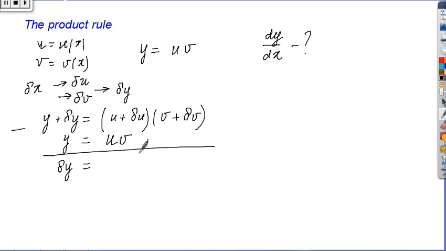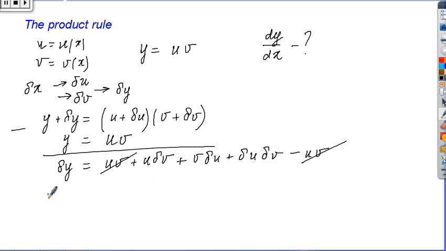So u times v is uv, u times delta v is u delta v, plus v delta u plus delta u delta v, and finally let's subtract uv. uv minus uv is gone, and so we'll have now delta y.